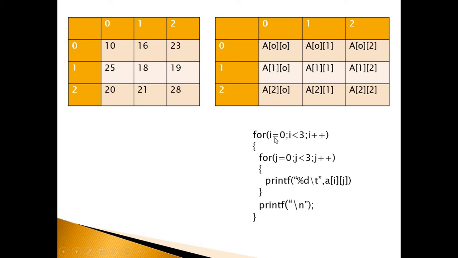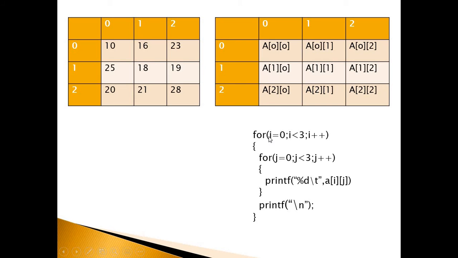We have i initialized to 0, i less than 3, i plus plus. As there are 3 rows, we have taken i less than 3. If the rows are 5, then the condition can be given as i less than 5. After the first row, it has to go to the second row, third row, and so on in sequence. So i is incremented by 1 with the expression i plus plus.